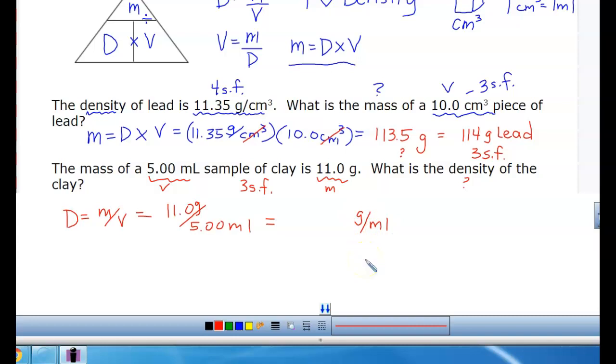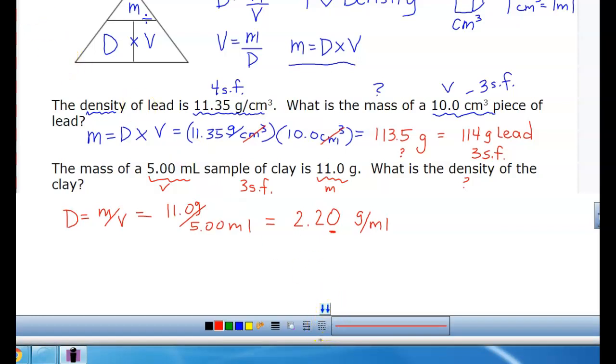And now I just need to do my math, and I'm going to have 11.0 divided by 5.00, and I get 2.2. Exactly 2.2. But remember we said that we had to show our number with 3 significant figures. That means I have to show that 0 on the end. So I added that 0 on, and the reason why that 0 is significant is because there's a decimal in the problem.